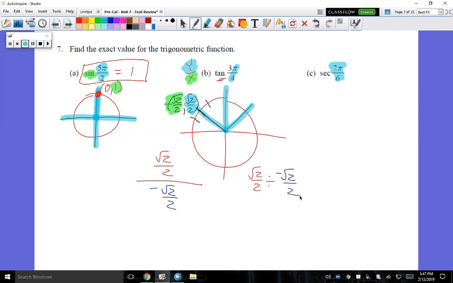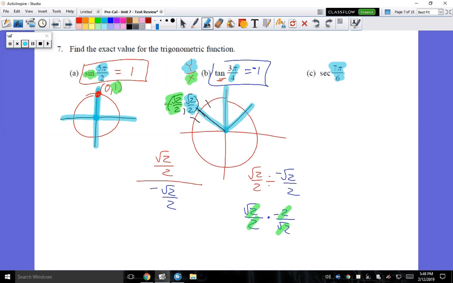And 5th grade tells us we could do keep, change, flip. Okay? We know these 2's are going to cancel to 1. These are going to cancel to 1. And now I'm left with a negative, which would give me a negative 1. So the slope at 3 pi over 4 is a negative 1.